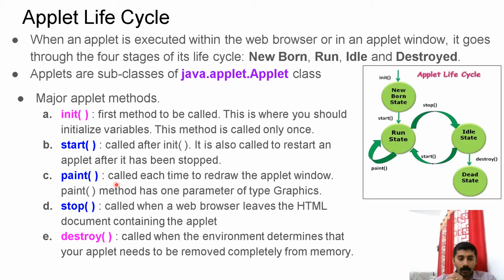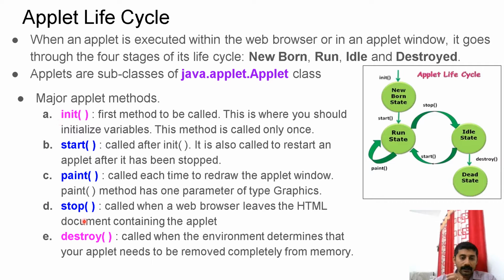The paint method is called each time to redraw the applet window. We said it is to create a nice graphical user interface. So each time you make any change to the display, it has to be redrawn. For that purpose, this paint method is called automatically. For this particular method, one parameter is passed.